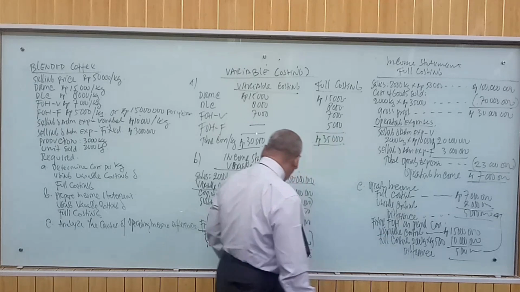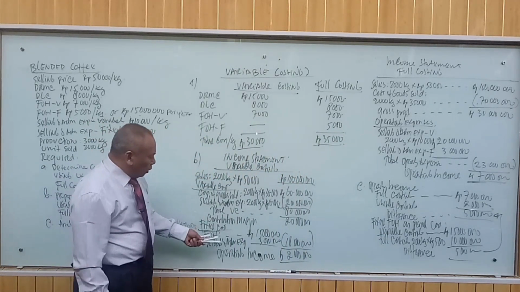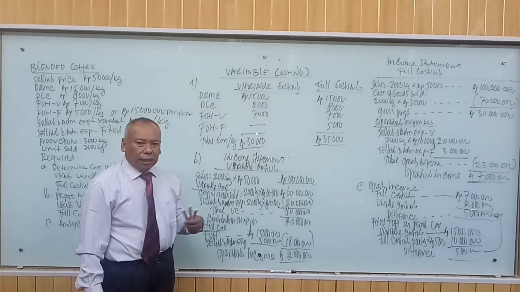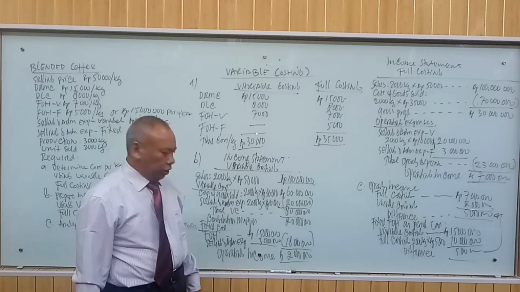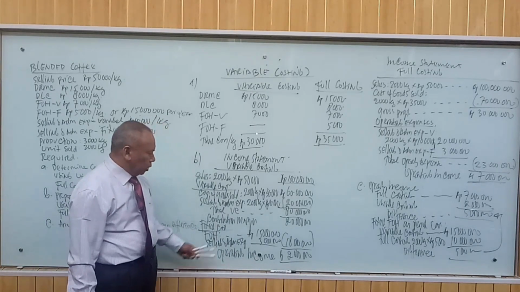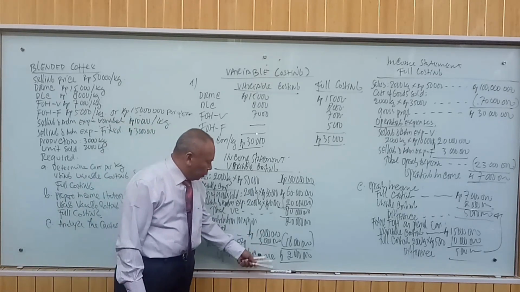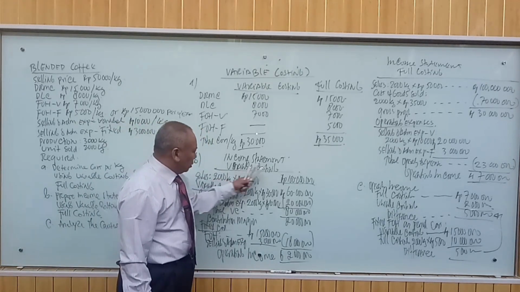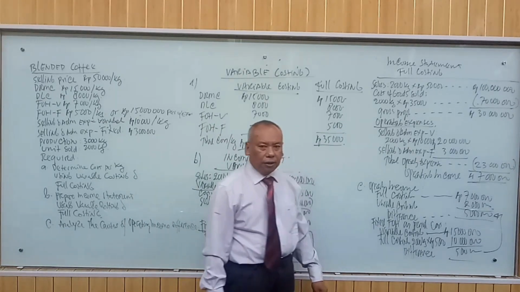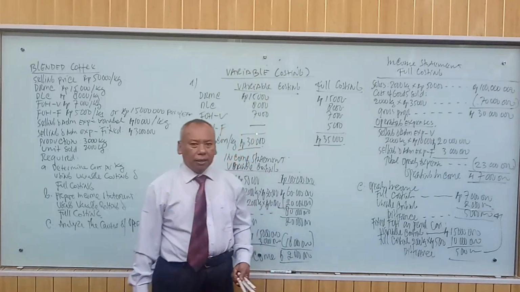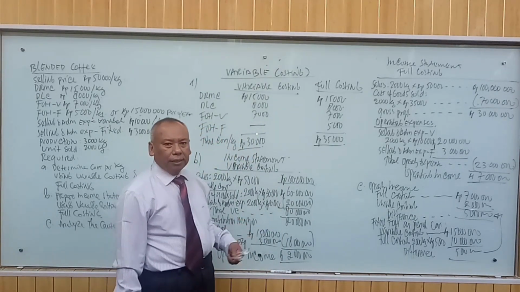While in variable costing, all the fixed factory overhead costs are treated as period cost. That's why the operating income using variable costing is lower than full costing. That's it, our meeting for today. Thank you.